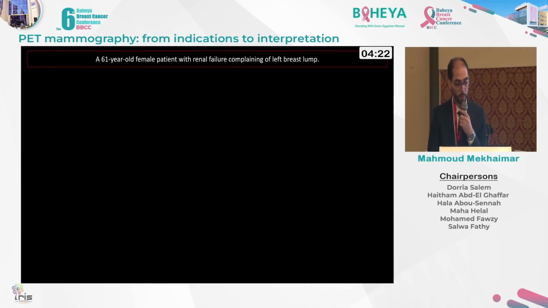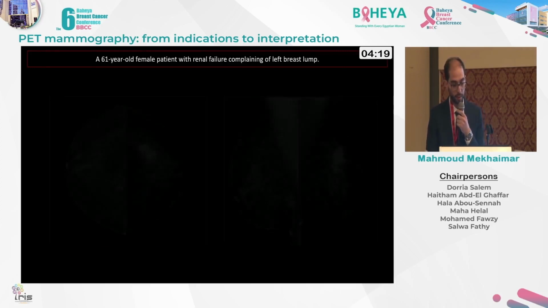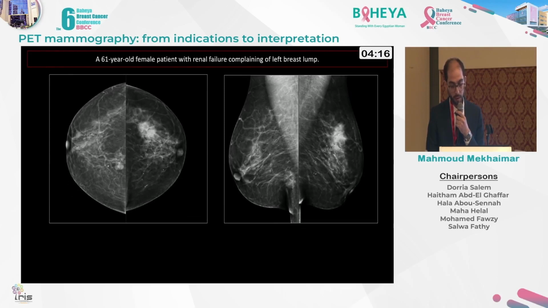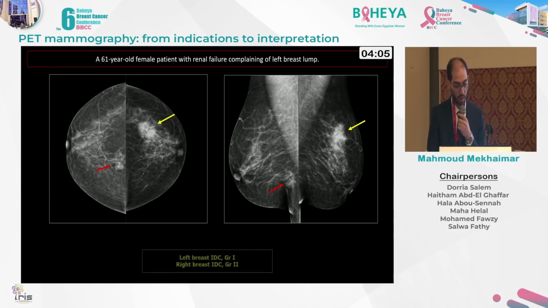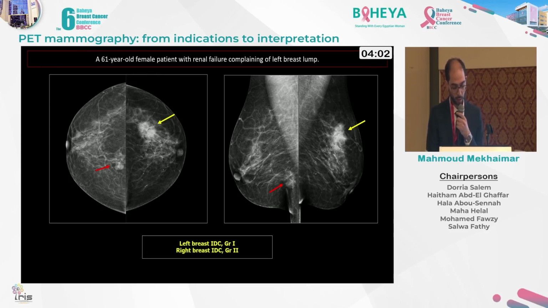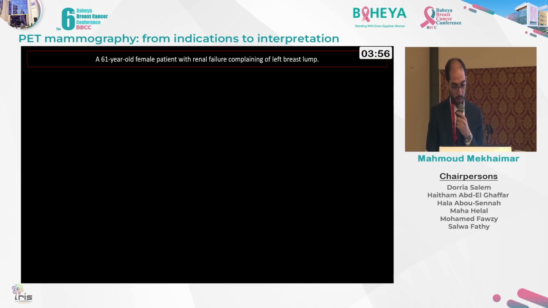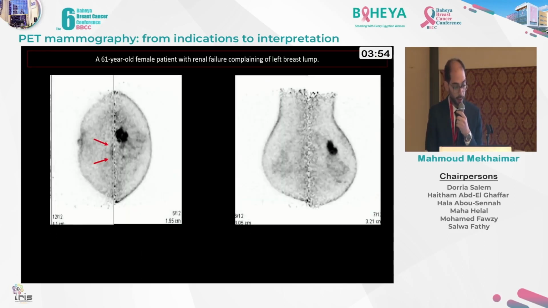A 61-year-old female patient with renal failure complaining of left breast lump. Mammography revealed a left breast upper outer quadrant regular spiculated lesion and a right breast lower inner quadrant deeply seated spiculated lesion. Biopsy revealed left breast invasive duct carcinoma grade 1 and right breast invasive duct carcinoma grade 2. BIM was advised and revealed a right breast deeply seated, partially out of field of view, FDG avid malignant lesion reading SUV max 1.9 and LTB 3.24.